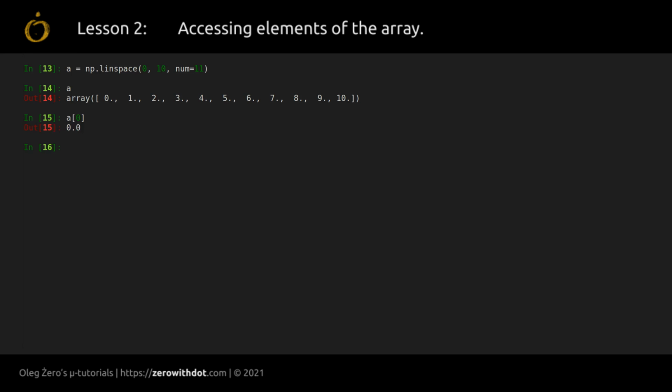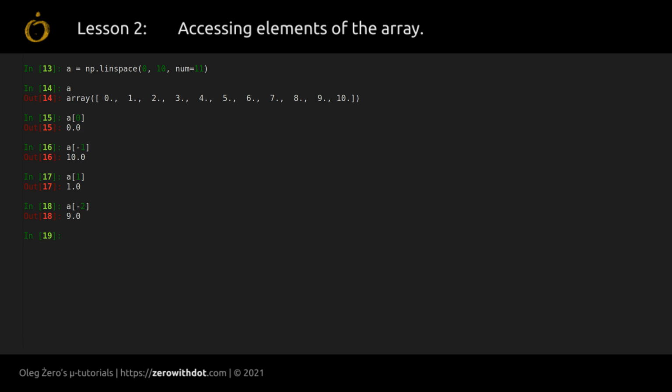Indexing with 0, if we put brackets and then 0, means to NumPy that we want the first element of the whole array. If we want the last element, we put -1. Similarly, the second element is A of 1, and the pre-last element is A of -2.